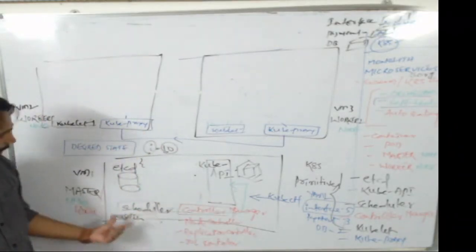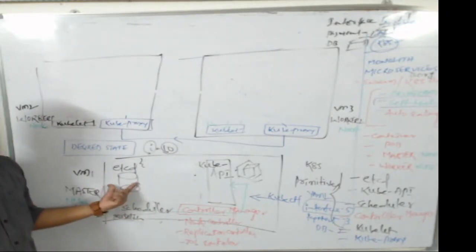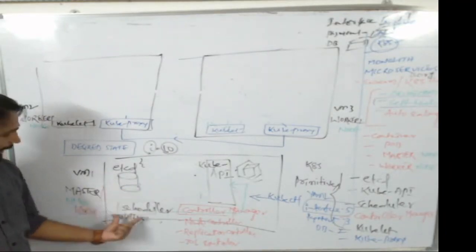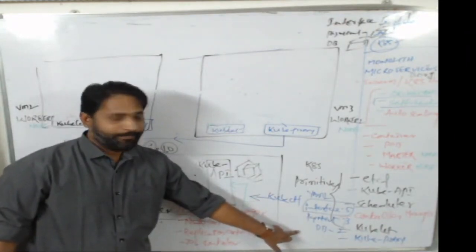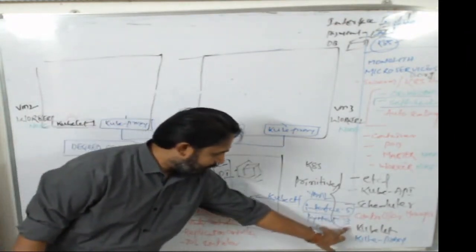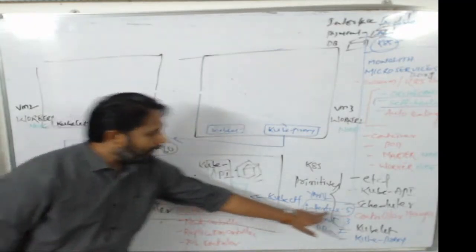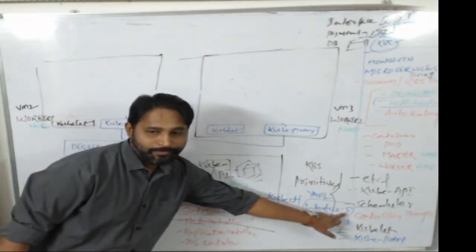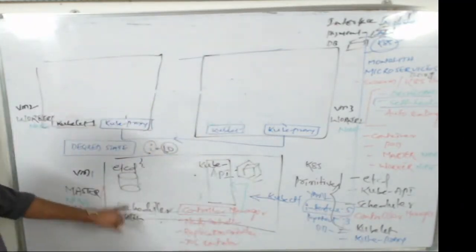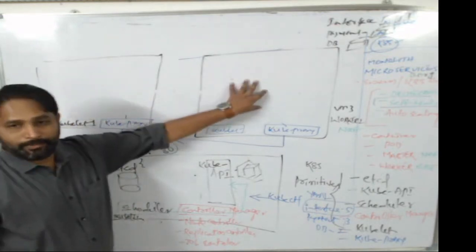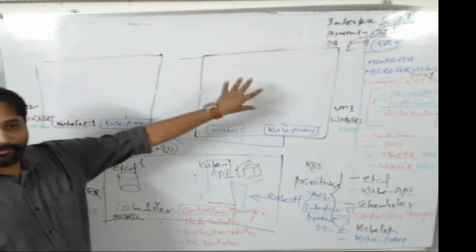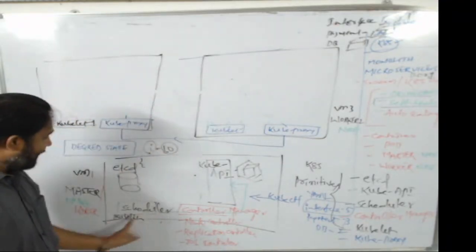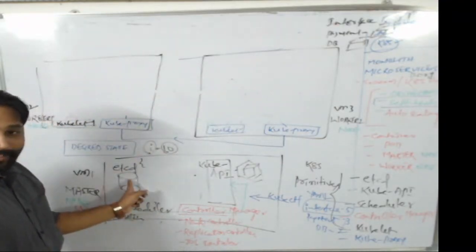They start kicking in. The scheduler, because it's monitoring etcd, realizes, okay, you got a new desired state. Now it says, I want 5 pods. Where can I schedule these 5 pods? The scheduler knows these are the 2 nodes available. It knows the details of all these nodes. If required, it will take the data of the nodes from etcd.